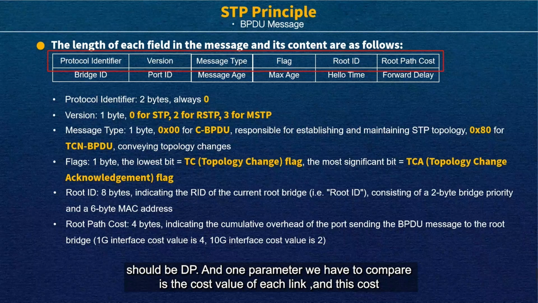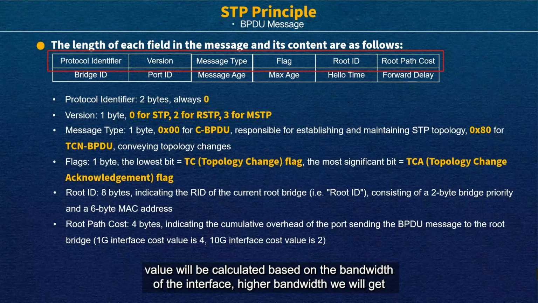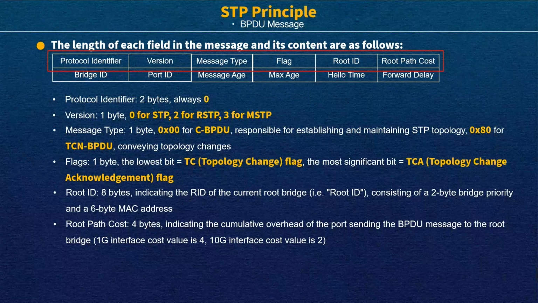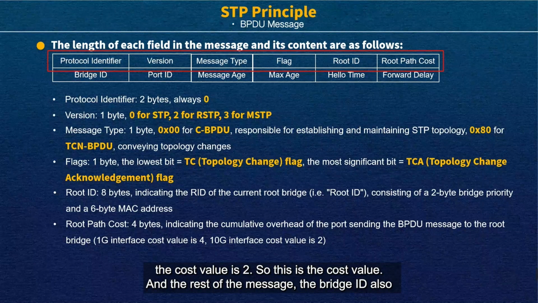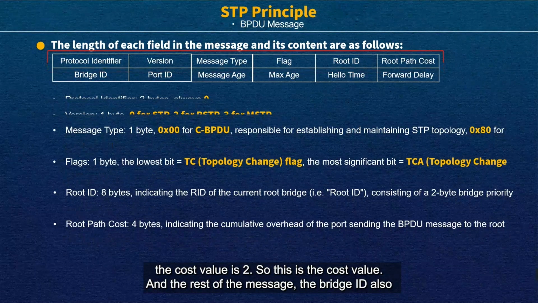And this cost value will be calculated based on the bandwidth of the interface. Higher bandwidth, we will get a smaller cost value. Okay, and by default, for a 1 gigabit interface, the cost value is 4. For a 10 gigabit interface, the cost value is 2. So this is the cost value.